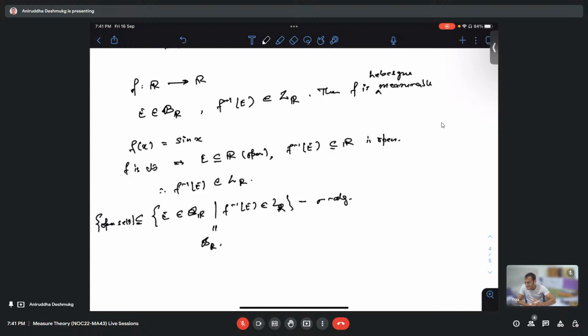To check that, you have to check that the pre-image of every open set is open. And if it's open, then the function is Lebesgue measurable. And if it is Lebesgue measurable, then by default it is also in the Borel set as well.